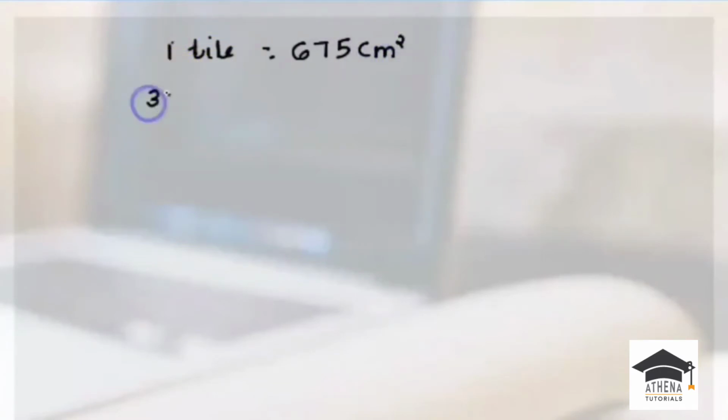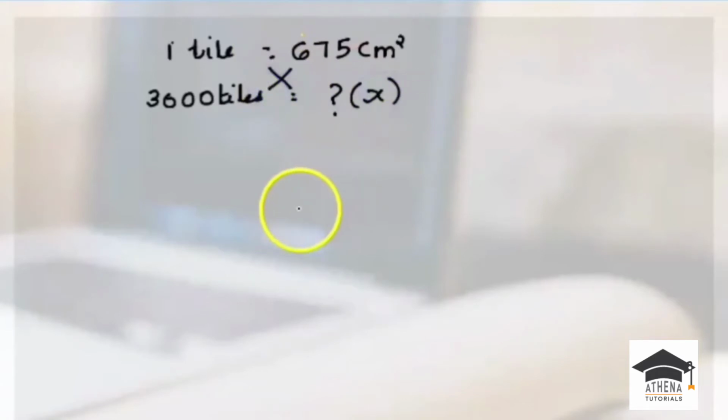So, 3000 tiles is equal to how much? So instead of question mark, I'll take it as x. Let's do the cross multiplication.